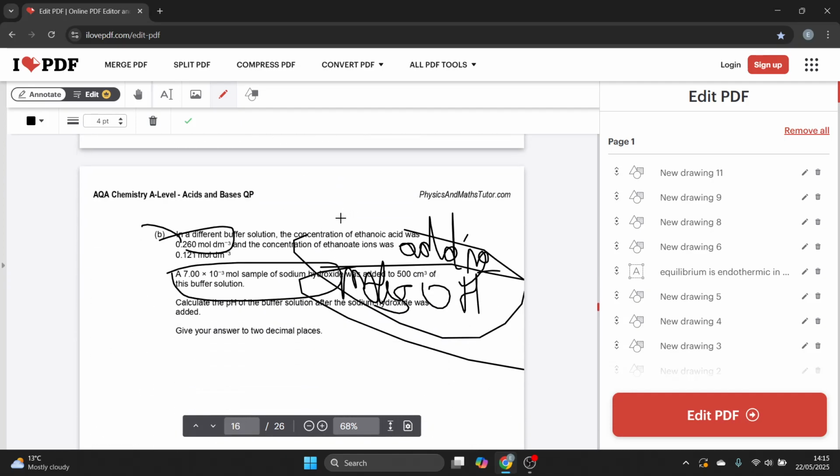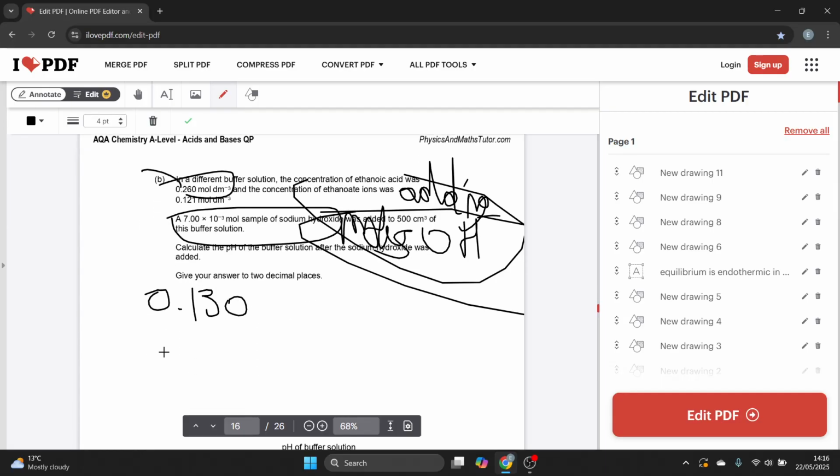And to do that, I need to multiply by the volume, which is 500 divided by 1000. So I get the moles of ethanoic acid, 0.130. I get the moles of the sodium ethanoate, 0.605.